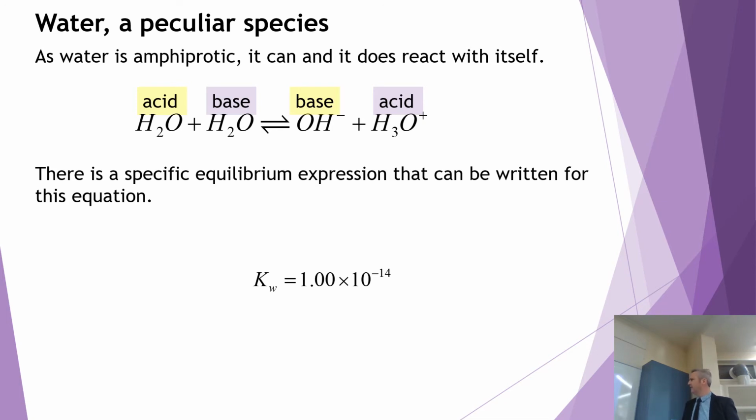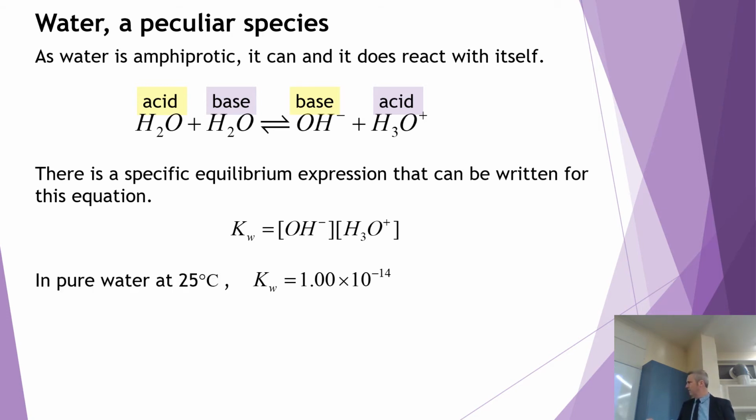In fact, if we write the Kw for water, the equilibrium constant, we don't include H2O because its concentration is constant, so we just put the products: Kw equals OH minus times H3O plus. It actually equals 1 times 10 to the negative 14 at 25 degrees.